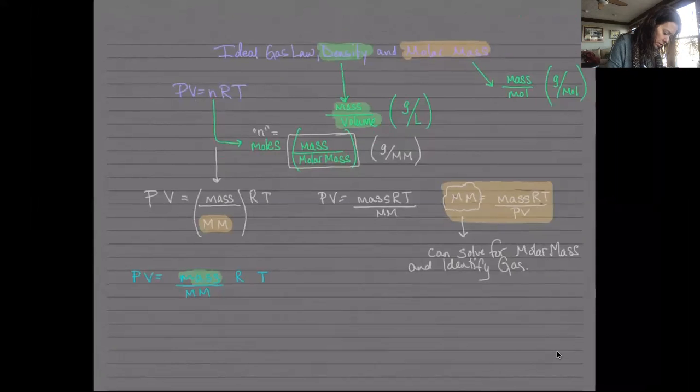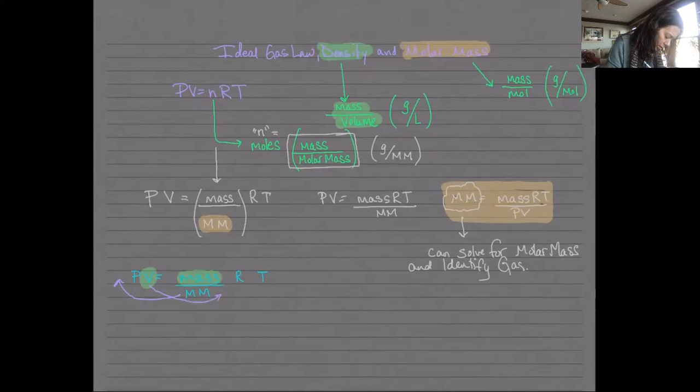Well, in our equation, we've got a mass and we've got a volume. If we can rearrange this so that the mass is on top of the volume, we can redefine that as density, right? Because mass divided by volume is density. So what I will do, mathematically, is just multiply both sides by molar mass, and I will then divide both sides by the volume.